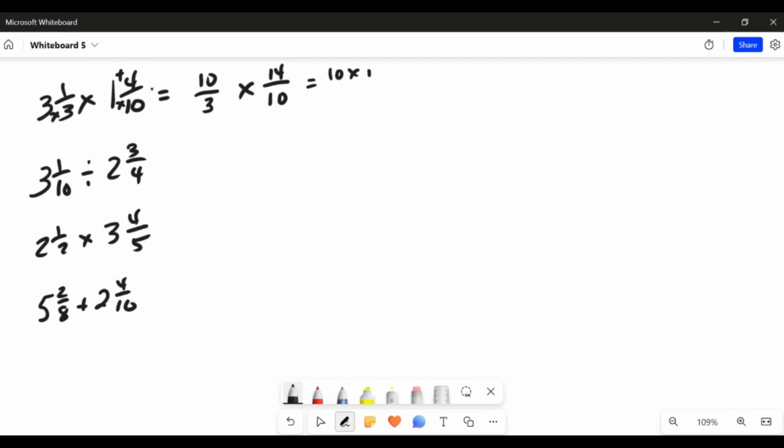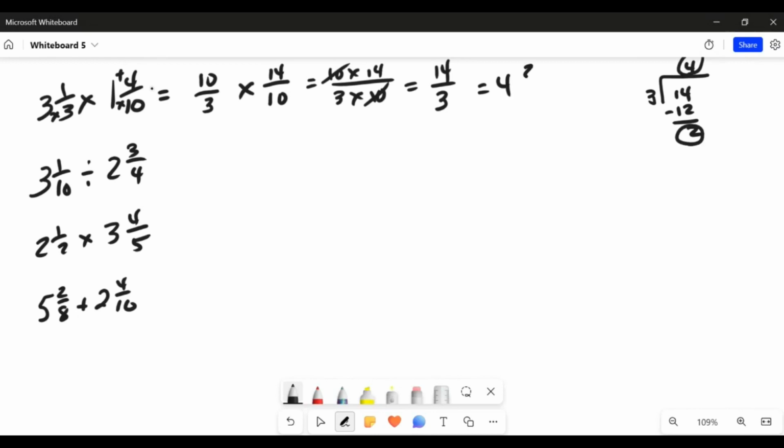So I have 10 times 14 and 3 times 10. The 3's divide out. We're left with 14 over 3. And that's an improper fraction. So we divide 3 into 14. It'll go 4 times. 4 times 3 is 12. So we have 4 with a remainder of 2. So there's our 4 2/3.